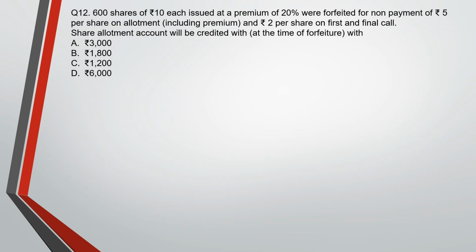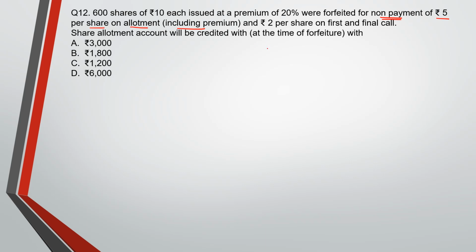Now moving on, we go to the next question: 600 shares of rupees 10 each issued at a premium of 20%. So 20% is on the nominal value, 2 rupees. They have been issued at a premium of 20%, and were forfeited for non-payment of 5 rupees per share on allotment including premium.